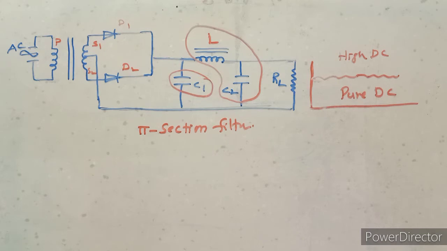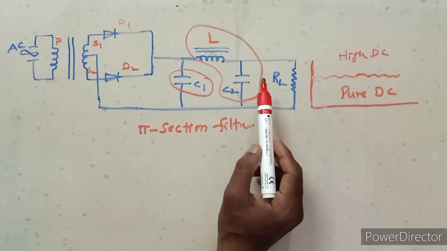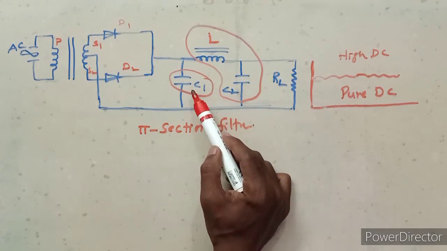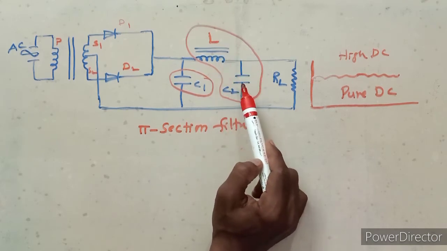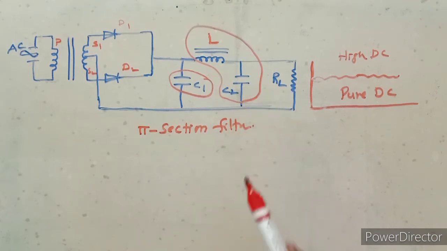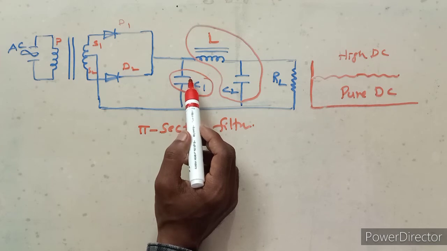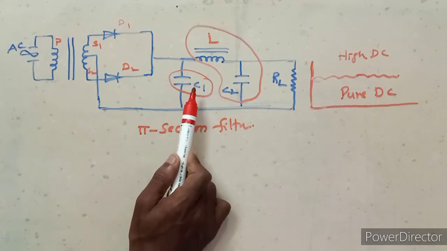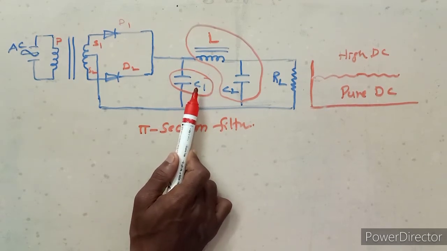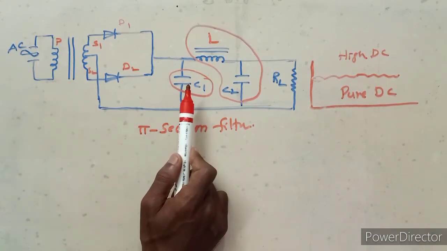The pi-section filter is made of two components: the capacitor filter formed by capacitor C1, and the inductor input filter formed by choke L and capacitor C2. The capacitor C1 is periodically charged to almost the peak value of the rectifier output between successive charging processes, because C1 filters the AC input components.